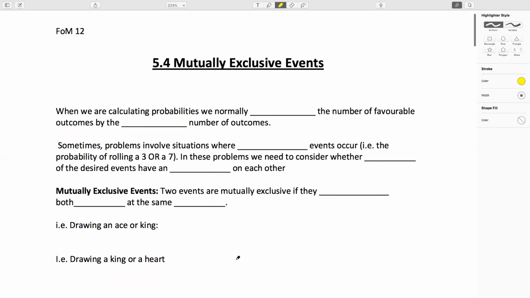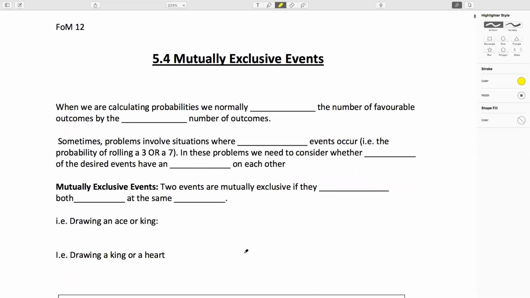So first of all, when we're calculating probabilities, we normally divide the number of favorable outcomes by the total number of outcomes. And sometimes problems involve situations where multiple events can occur. For example, rolling a 3 or rolling a 7.